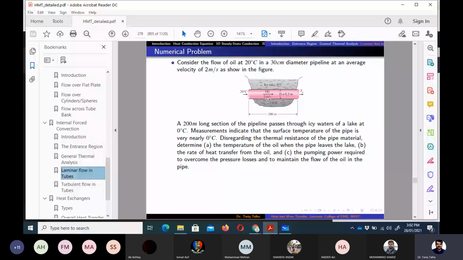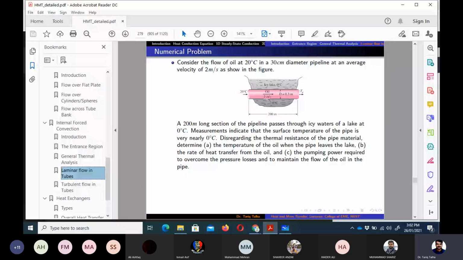Okay, and velocity is also given, that is the mean velocity. Now a 200-meter long section of the pipeline passes through icy water, so icy water of a lake which is at 0 degree centigrade.